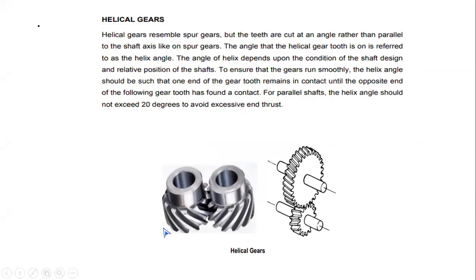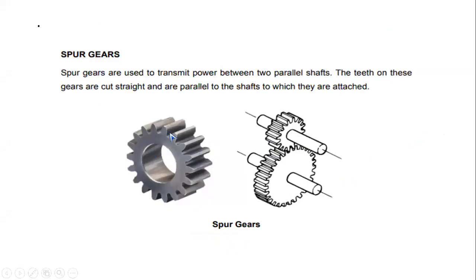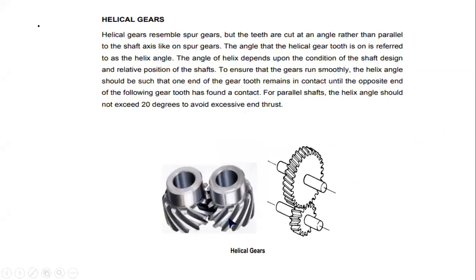Next, come to the point, helical gear. All of you observe here. Here you have helical teeth, but here you have straight teeth. If the wheel has straight teeth, then it is called a spur gear. If you have the teeth in spiral form, then it is called a helical gear. The applications of both types of gears are common.